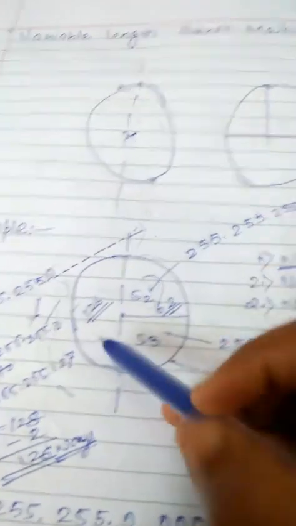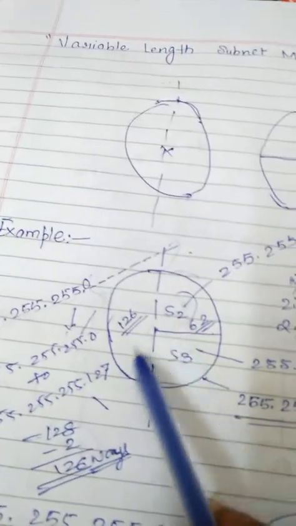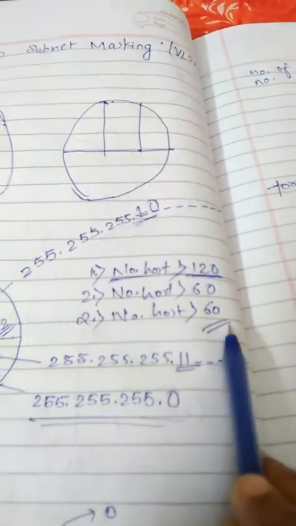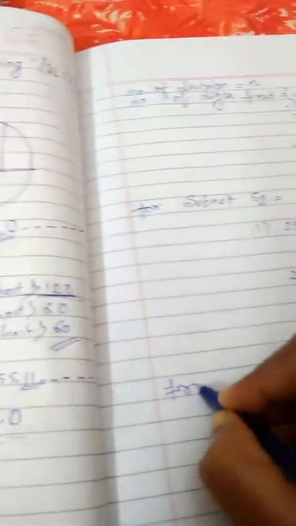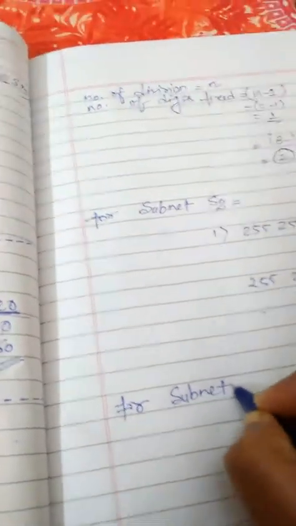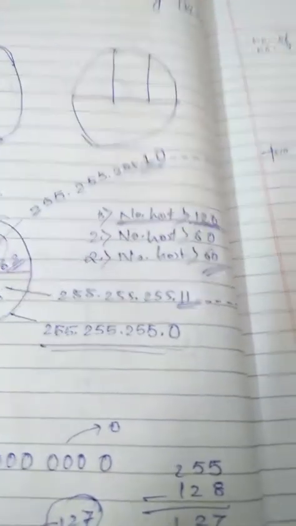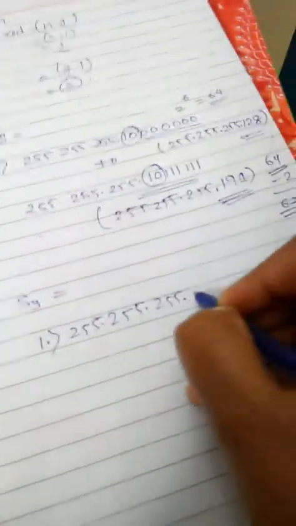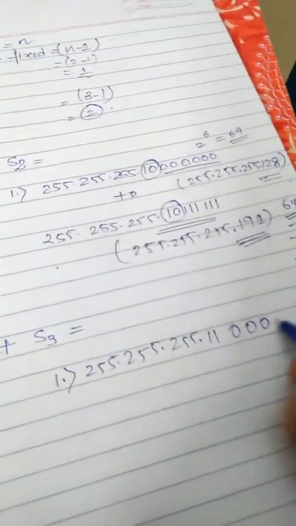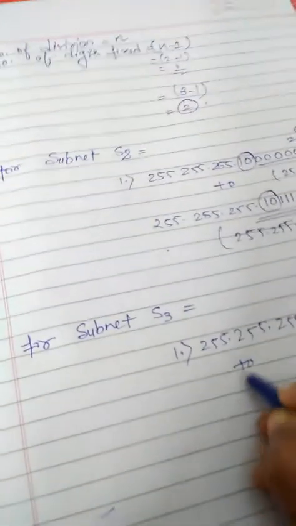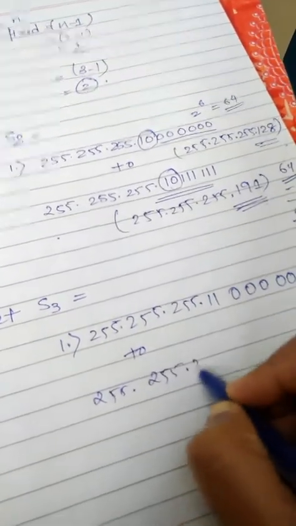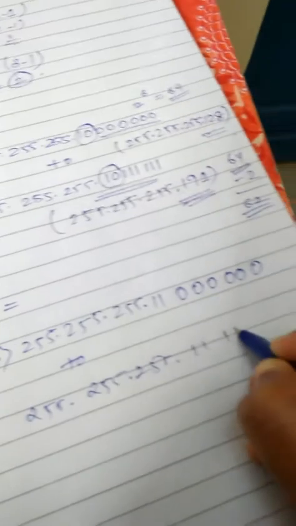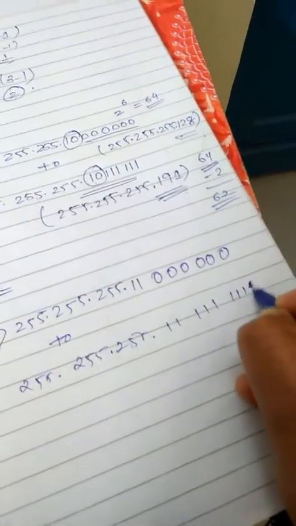So we can get the first two requirements by dividing it in this form. So now I will check the last one, that is 60. So for subnet S3, the first one is 255.255.255.11000000, and the last one is 255.255.255.11111111.